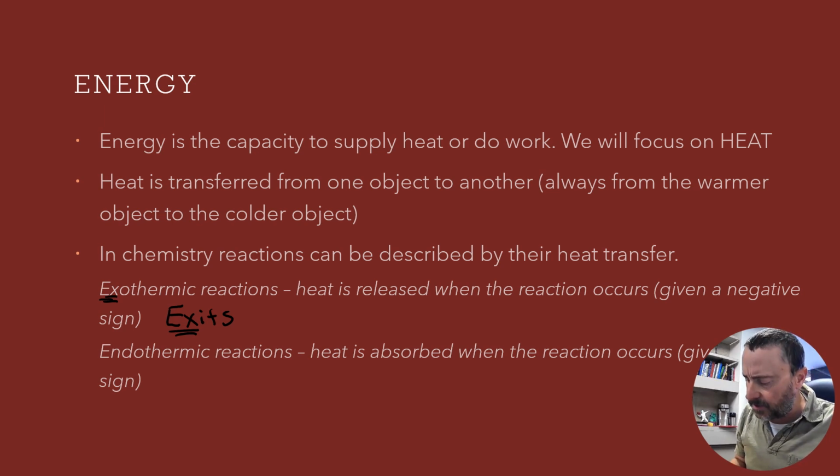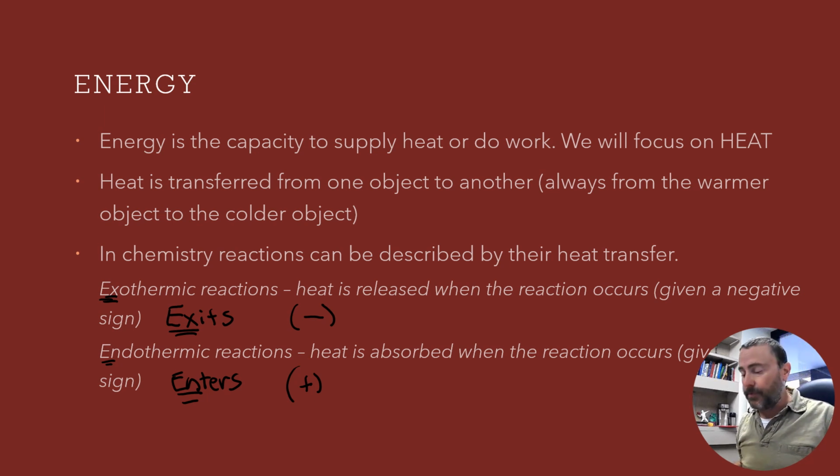And then endothermic is where heat enters the system. En is endothermic, right? En there as well. So again, we have a negative sign for exothermic and a positive sign for endothermic. We'll get a little bit more into why we have those signs here in a little bit.